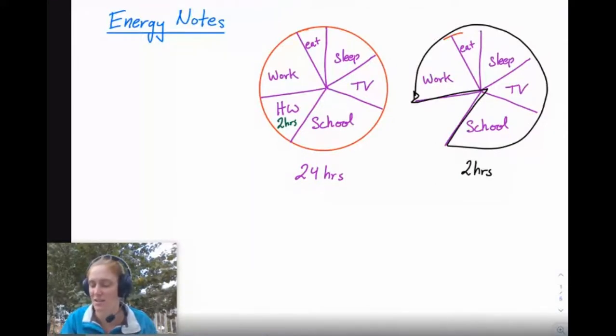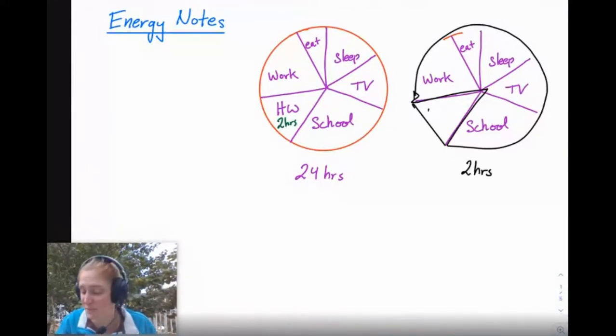In fact, I still have this portion of my circle. I just am not going to spend it doing homework. Maybe I'll do something where I'm wasting time. Let's say I wasted my time watching YouTube. So here I have my YouTube watching waste of time.